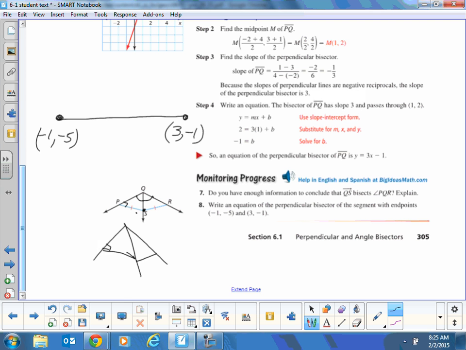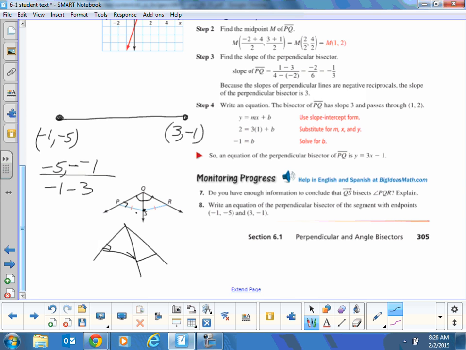What about the perpendicular line to this line? What happens to the slope when you have a perpendicular line to another line? Remember what happens to the slope? First of all, let's find the slope of this one. -5 minus -1 over -1 minus 3.